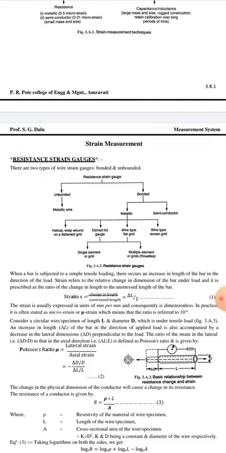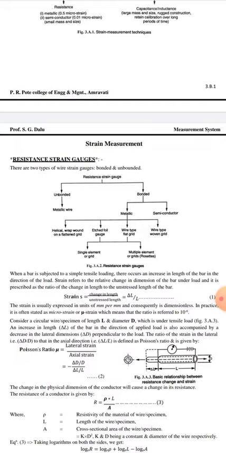When we apply the tensile load, the increase in length, delta L, of the bar in the direction of applied load is also accompanied by a decrease in the lateral dimension. As we apply the tensile load on the cylindrical rod, the length of the cylindrical rod increases.